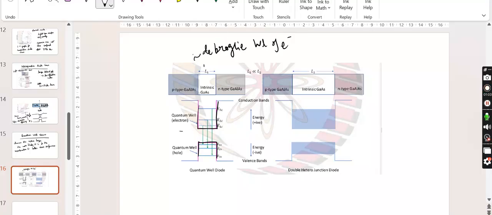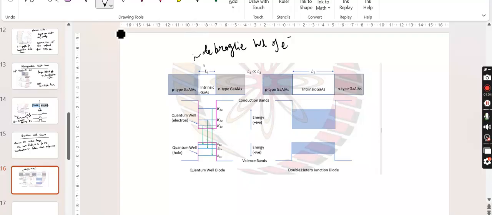The electrons, like we know that in the band gap, the upper band is the conduction band and the lower band is the valence band, and when the quantum wave phenomenon kicks in, the upper quantum wave is for electrons and the lower quantum wave is for the holes, and the energy levels of the holes in the valence band as well, but only in the direction opposite the direction of the conduction band, forming an upside down well.